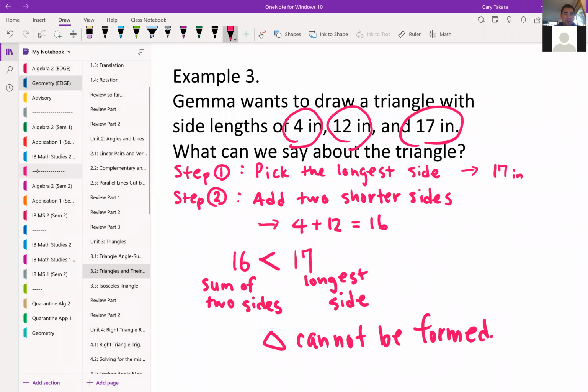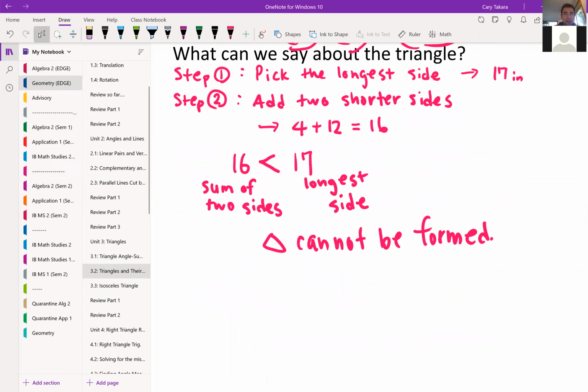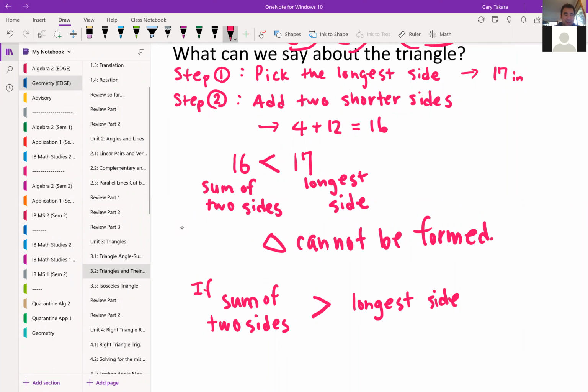If the sum of 2 sides, let's write this down too. If the sum of 2 sides is bigger than the longest side, then yes, a triangle can be formed.